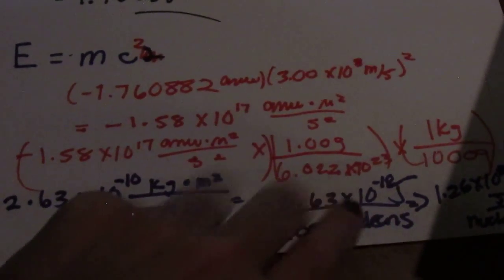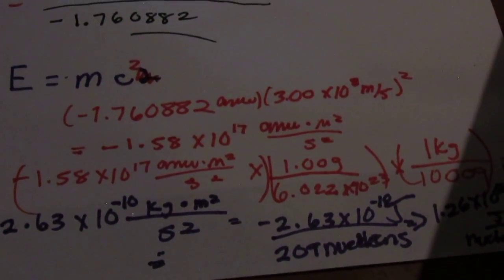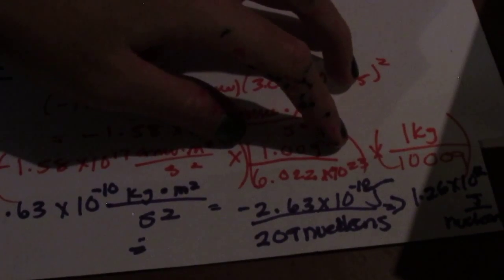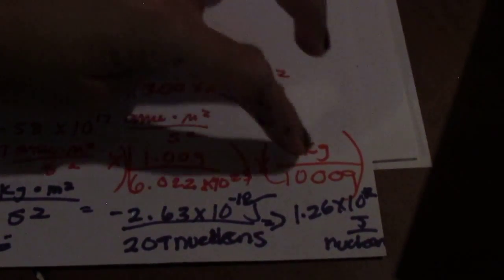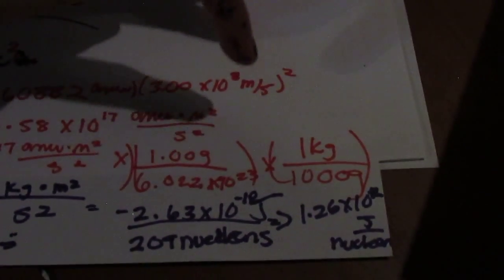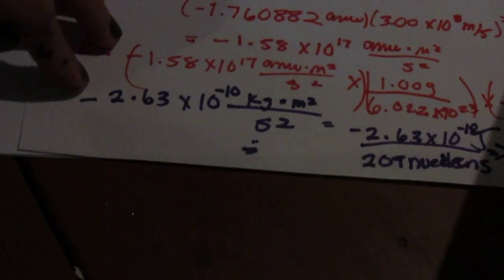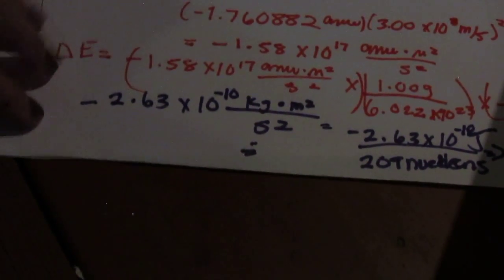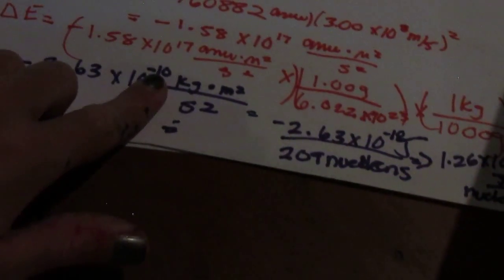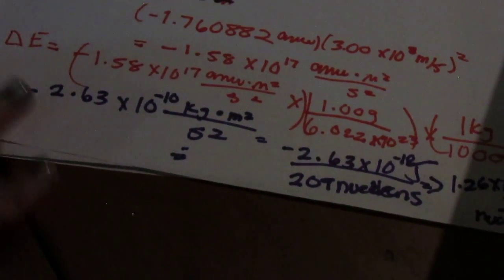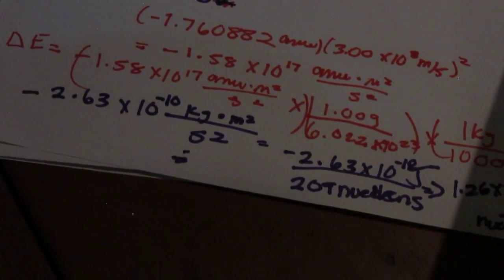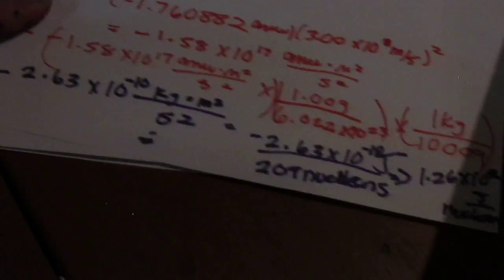We use Avogadro's number, remember, the 6.022 times 10 to the 23rd. And we also do the conversion so we can actually work with a little bit easier numbers. So down here, I have the answer we gathered from this equation here. Now notice it's to the -10. That's way better than having such a large number.